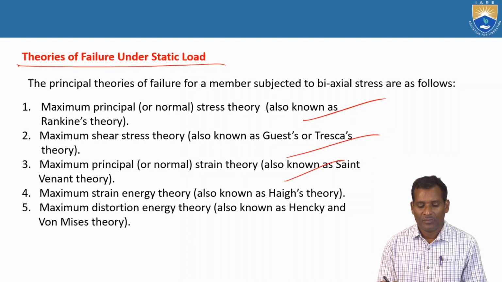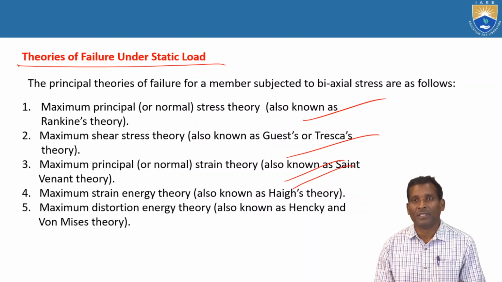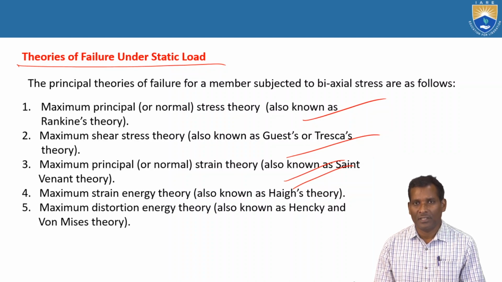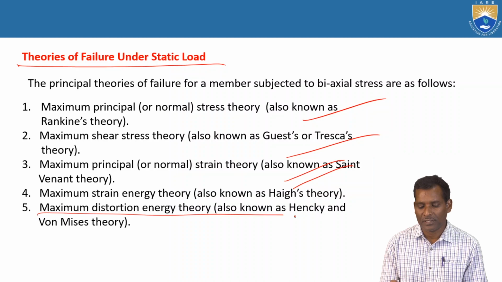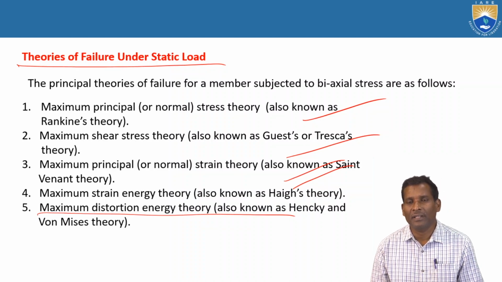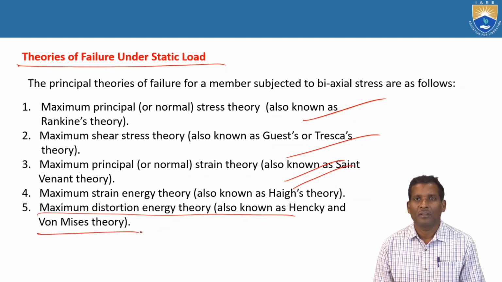Fourth one, maximum strain energy theory, also known as Haigh's theory. The fifth one is maximum distortion energy theory, also known as Hencky and von Mises theory. Now I will explain one by one.